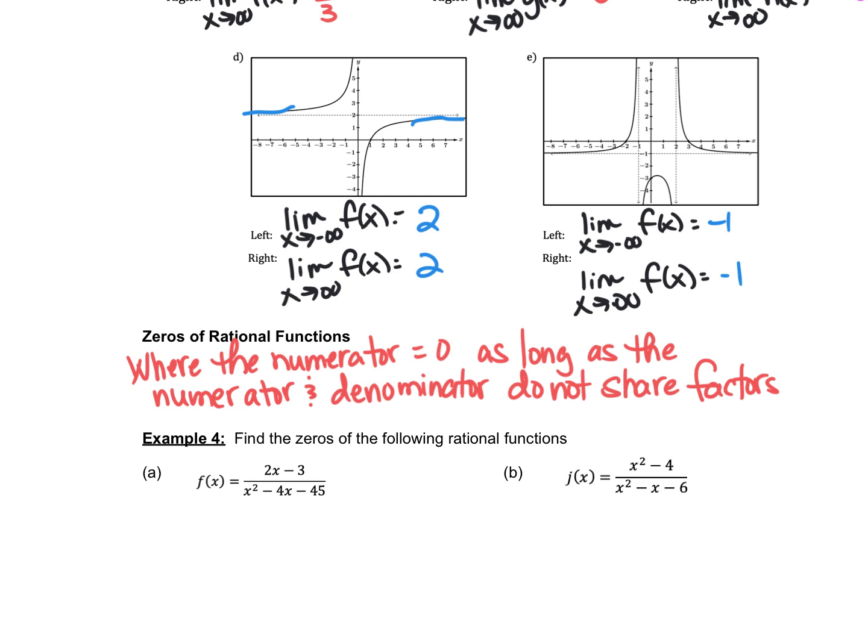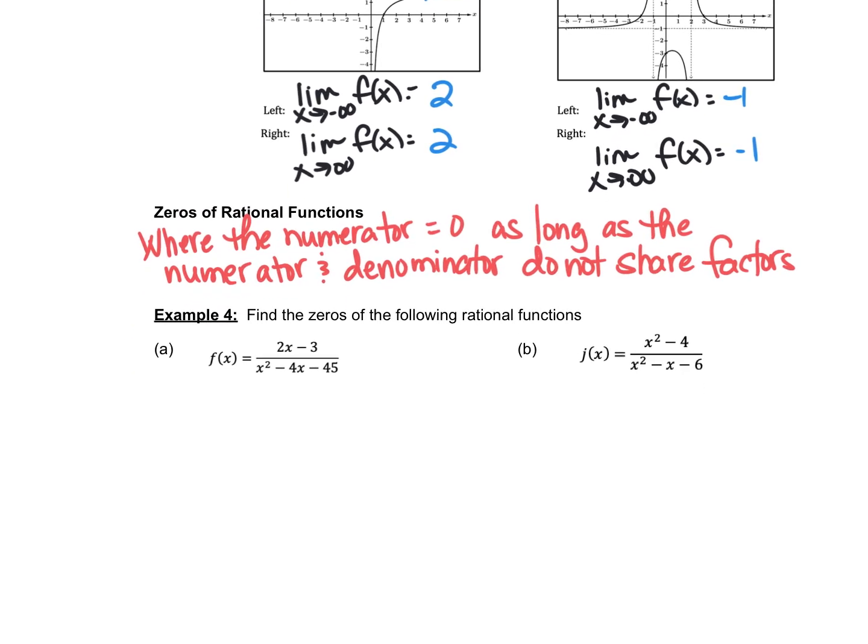So let's take a look at a couple of examples here, see if we can find the zeros of this function. If we don't want them to share factors, what are we going to have to do to our numerator and denominator? Factor. If we want to make sure they don't share anything, then we're going to have to factor.